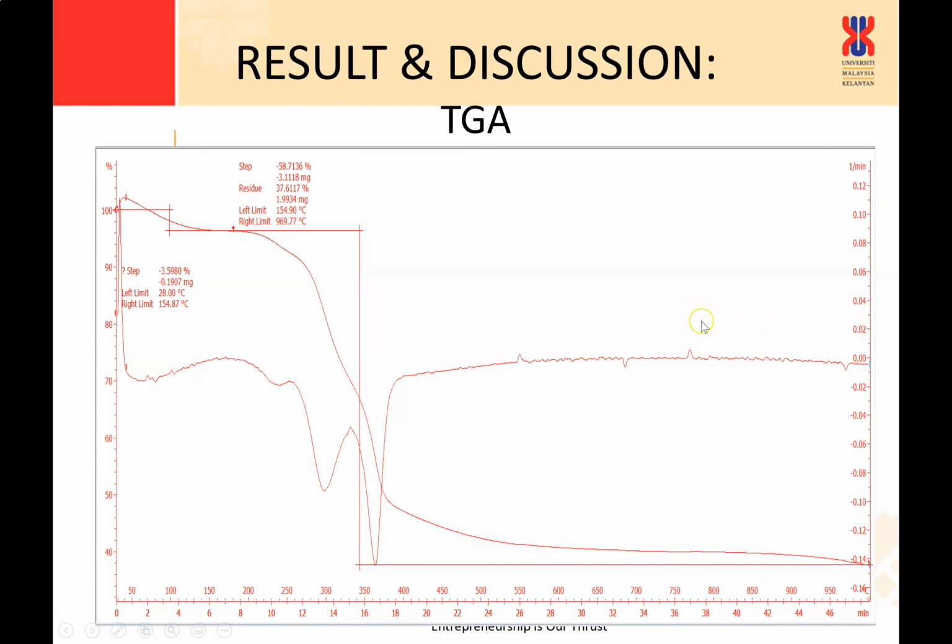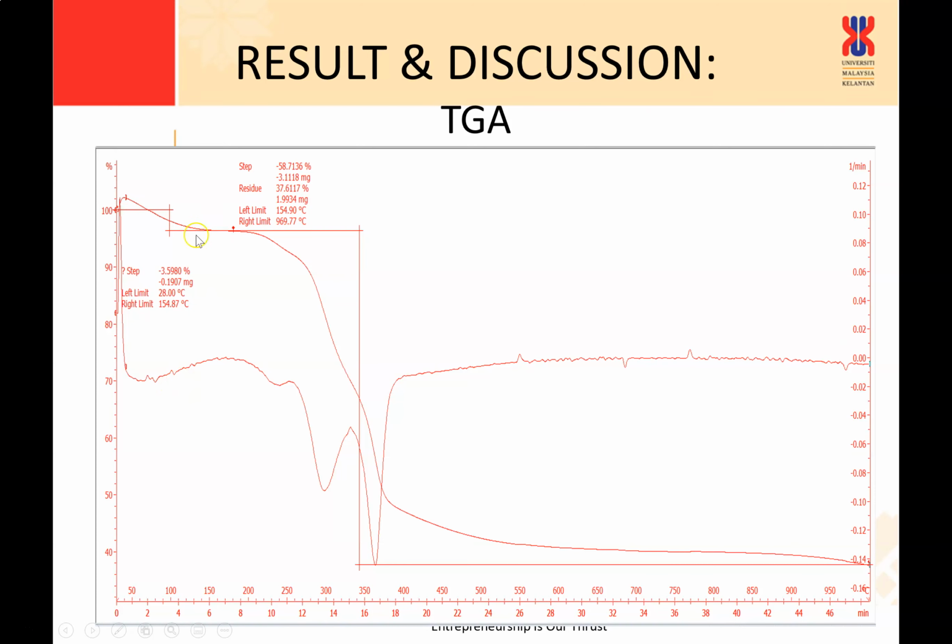So next is the characterization of corn cob carbon. TGA shows firstly 3.5% of the mass was lost from 30 degrees C to 150 degrees C due to moisture loss at this stage.